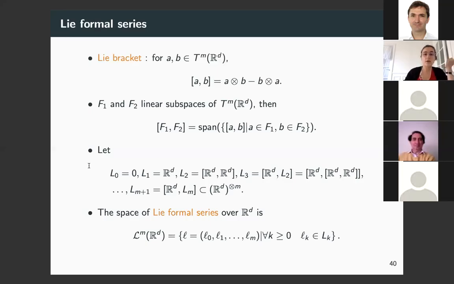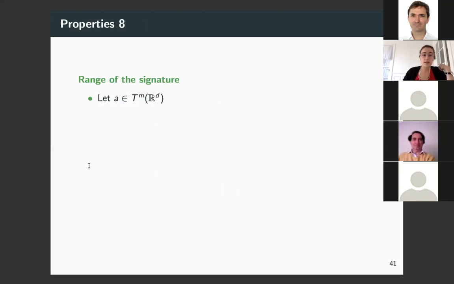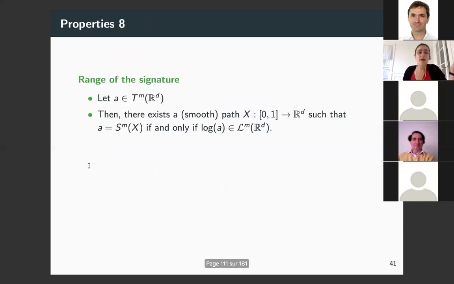And actually what we can say is that any element A of the tensor algebra is the signature of a smooth path if and only if the log of A is in this space. So we exactly know in what subspace of the tensor algebra the signature lives.